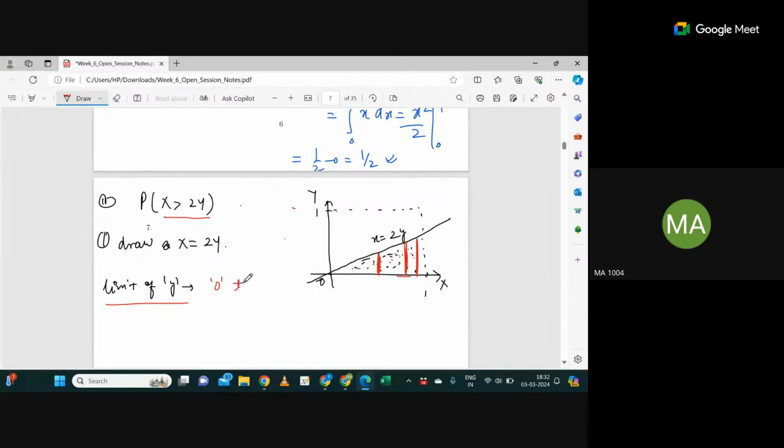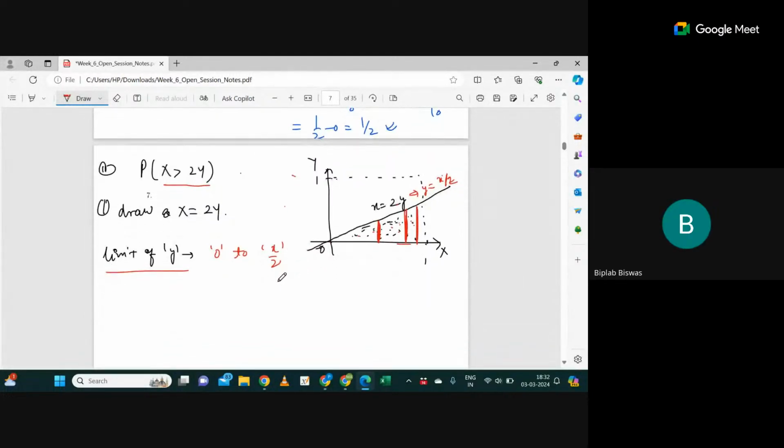So the limit of y will be 0 to here. This line is x equal to 2y, so from here y will be x by 2. Are you getting it? Sir, if we take it otherwise, like the previous example, then the limit of y will be 0 to x.